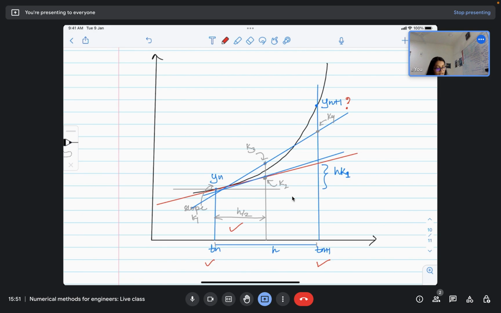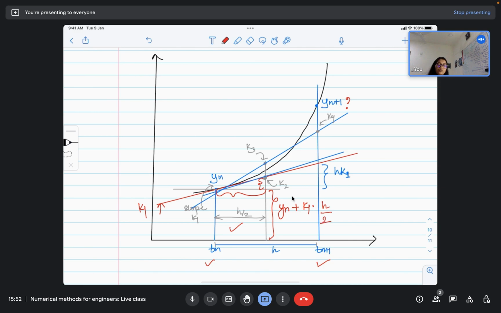Along the y-axis, then what happens? If this distance is h by 2, and this red line is basically the slope k1, then if you take the slope and the base, the perpendicular distance that you will get is this: this is again your yn, plus that distance is basically the slope k1 times the base, that is h by 2.